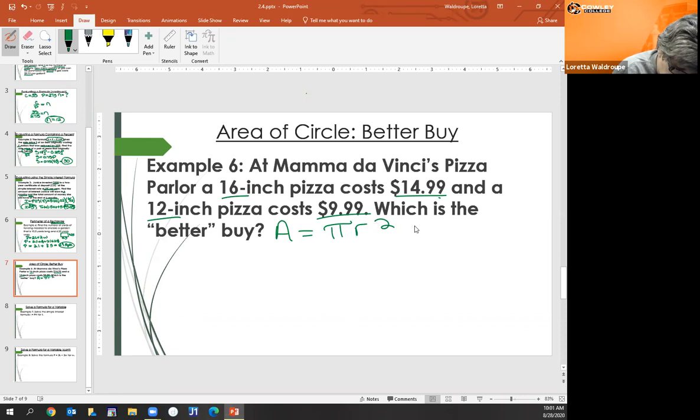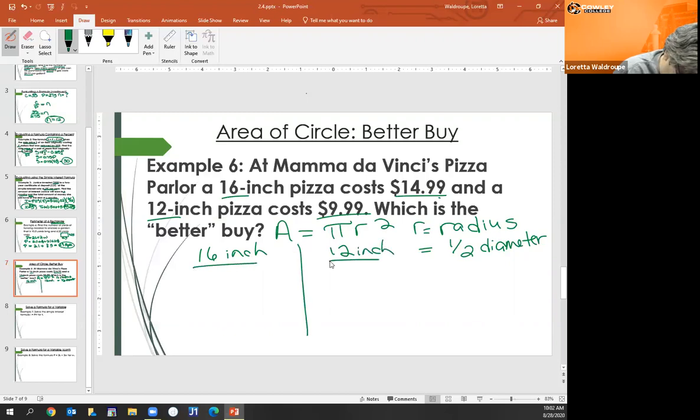Remember, r is your radius, or that's also half. So if I have a 16-inch pizza, half of that, or my radius, would be 8. So here we have the 16-inch, and here we have the 12-inch, okay?